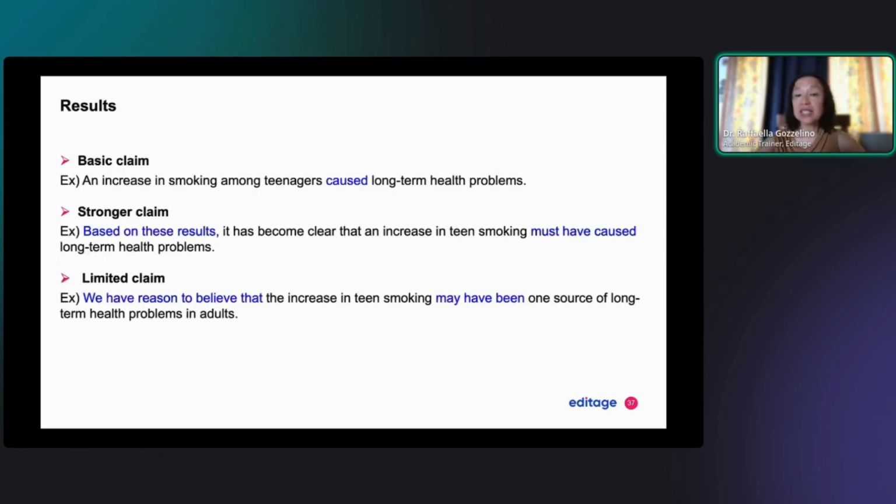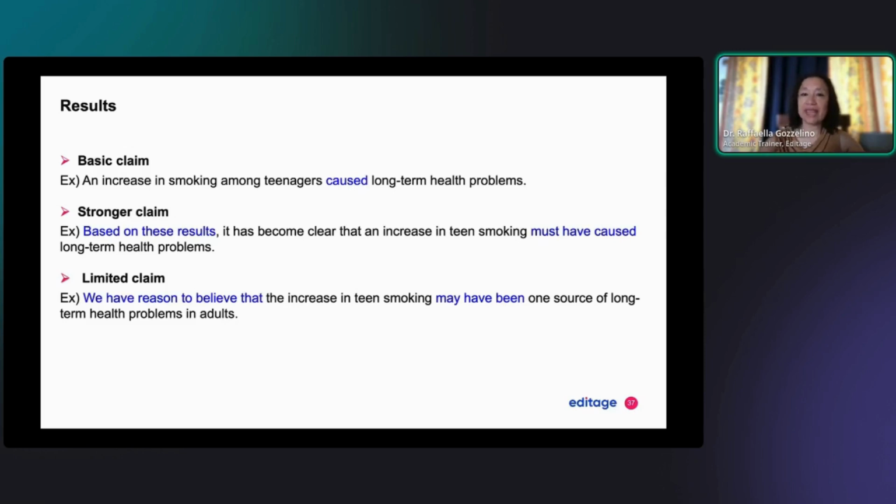So the results are basically claims that can be classified accordingly, like basic claims: an increase in smoking among teenagers causes long-term health problems, or stronger claims, like based on these results, it has become clear that an increase in teen smoking must have caused... Or limited claims: we have reason to believe that, or you can also say, to the best of our knowledge, right?